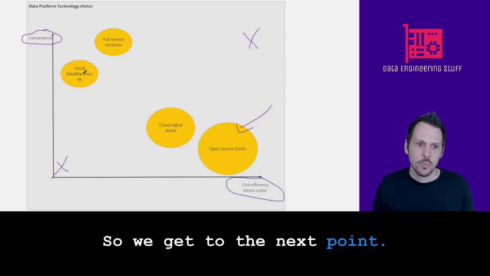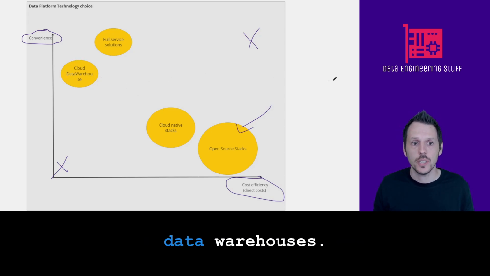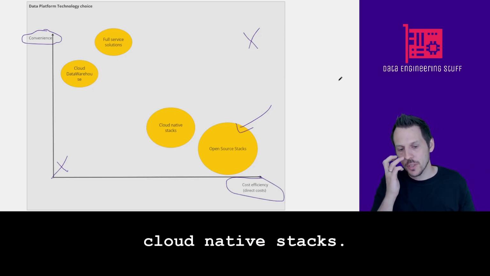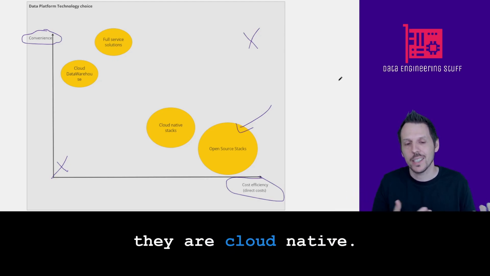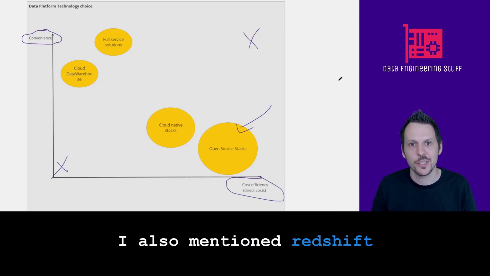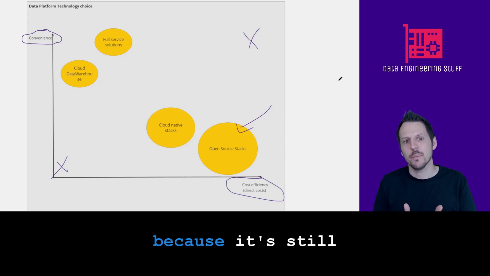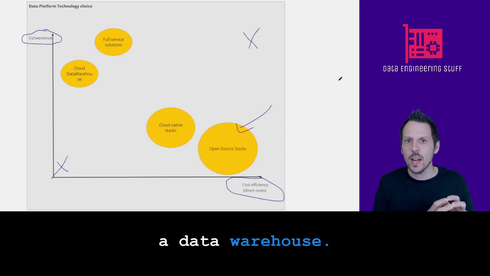So we get to the next point. This is the cloud data warehouses. I split them out from the cloud native stacks. Of course, you would say they are cloud native. I also mentioned Redshift a minute ago, but they are a bit special because it's still a data warehouse.